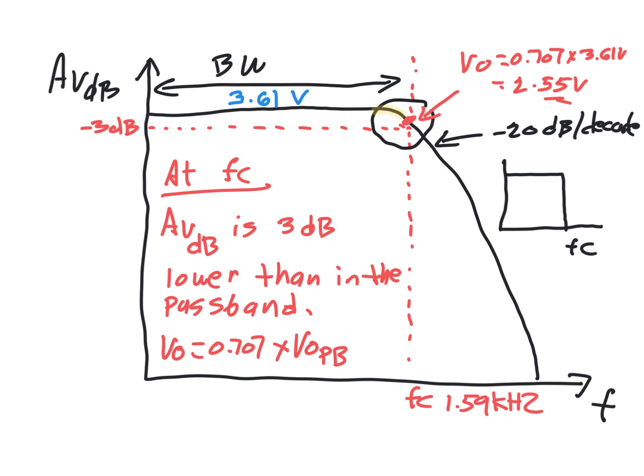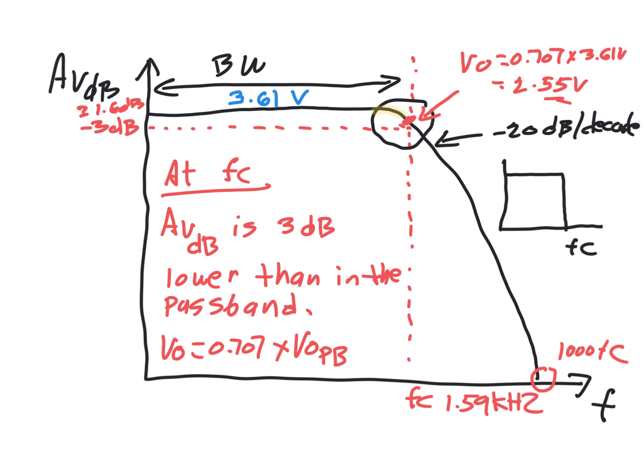Oh yeah, so we were talking about how at FC the gain is down 3 dB. We had calculated earlier that our gain in the pass band was 21.6 dB, and for a single filter with one resistor and capacitor, this is at 1000 FC.